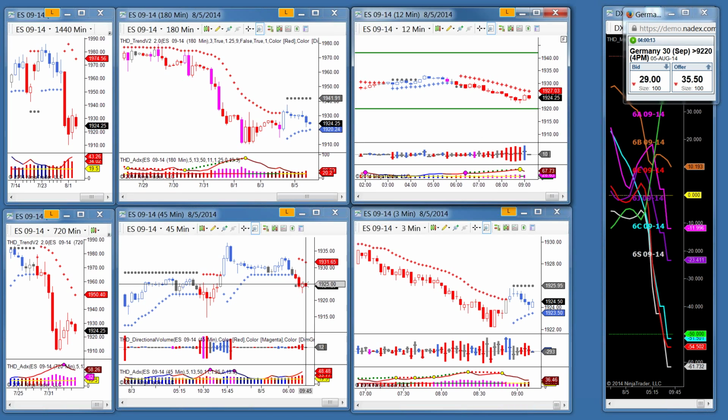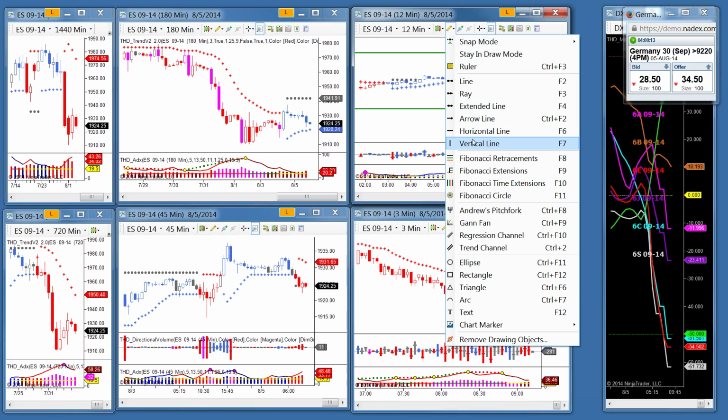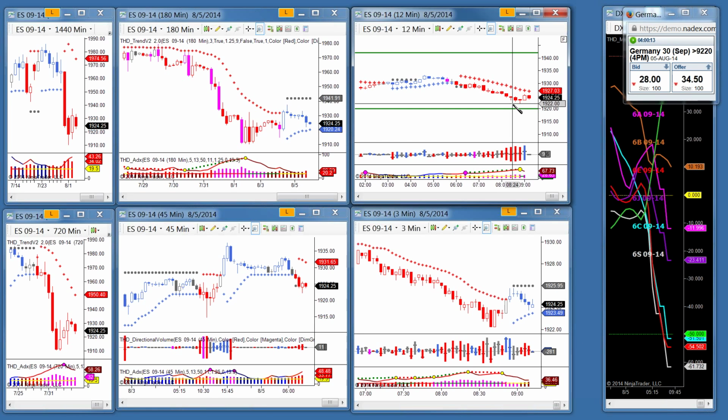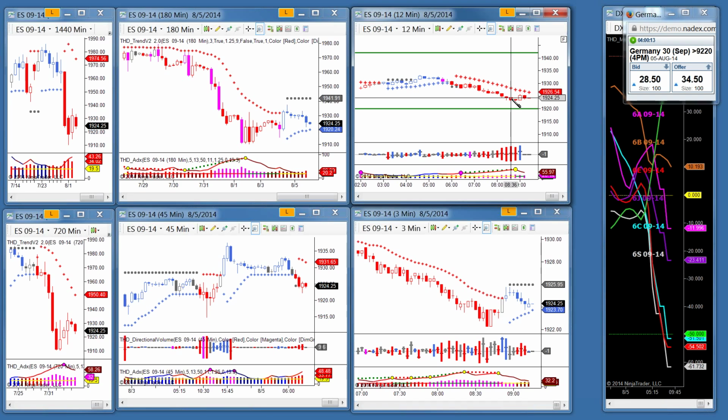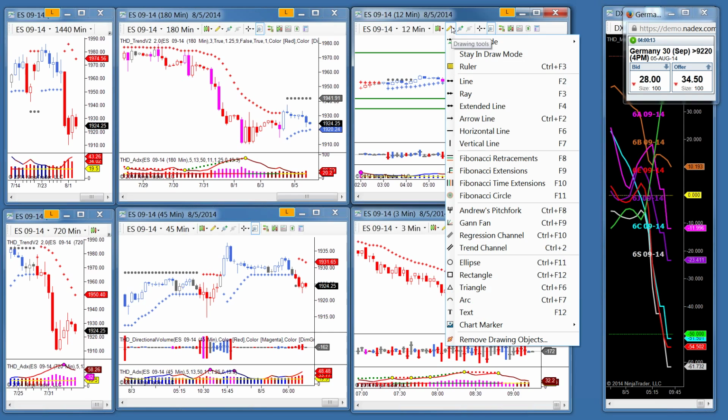You have a congestion zone here because there is a congestion dot at 1924.50. Okay, 1924, I can't get it exactly there. And then 1931.